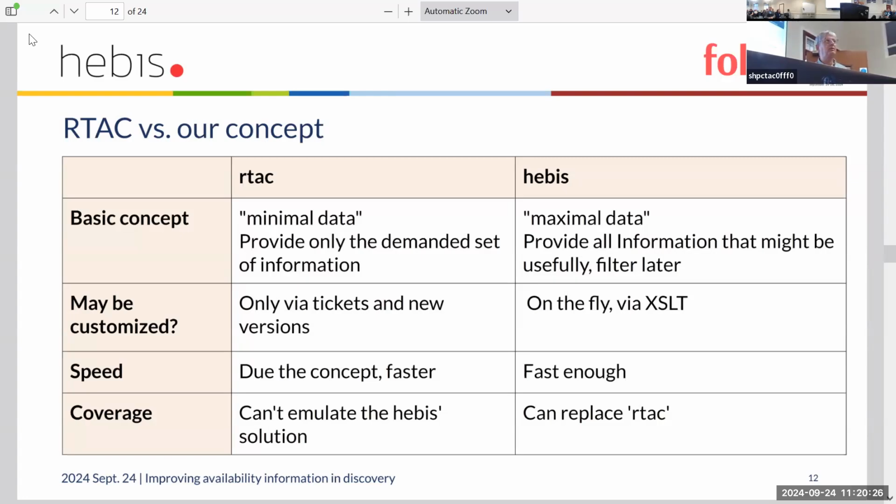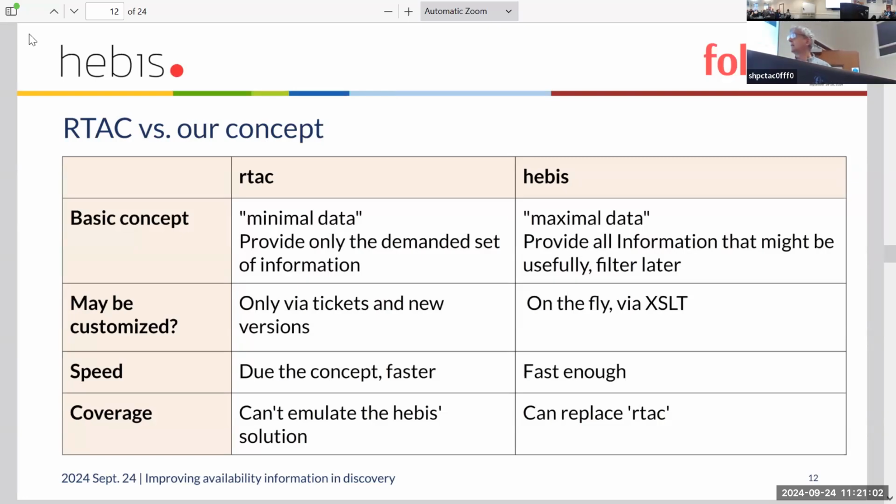You're not going to change something general in the title information, or ask the developers or maintainers of your patron graphical interface system to change this for you. You can just add in the XSLT file a sentence: if it's this location, give additional information on the screen. So for us, I think it's nearly optimal.